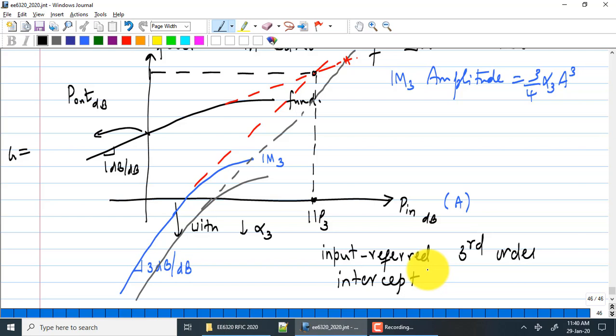The reason is you are now extrapolating the two and finding out where they meet. So you will find that the actual value of IIP3 is a ratio of alpha 3 and alpha 1. This is called the OIP3, or the output referred third order intercept.